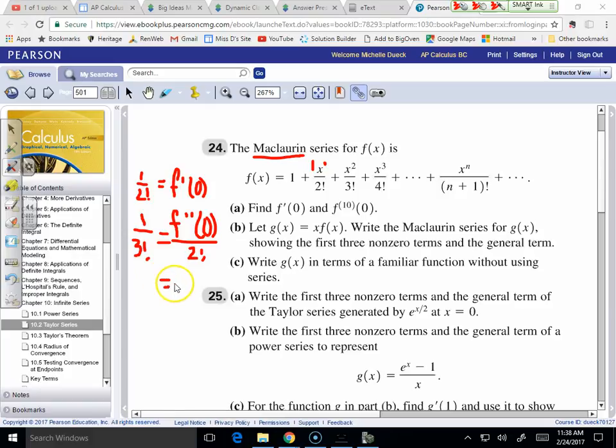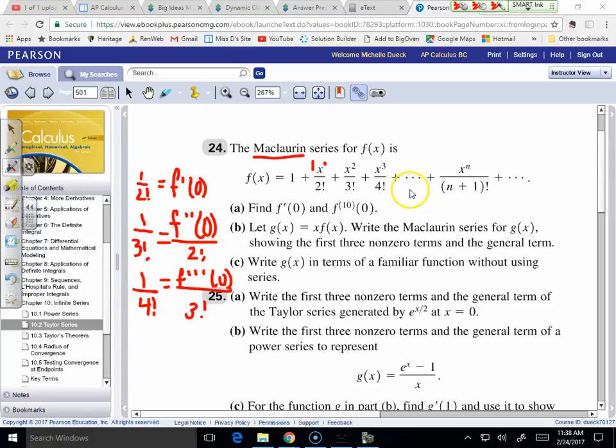What's f triple prime supposed to be? It's over 3 factorial, right? But who is it actually? 1 over 4. So multiply 3 factorial over 4 factorial, that's going to be 1/4.